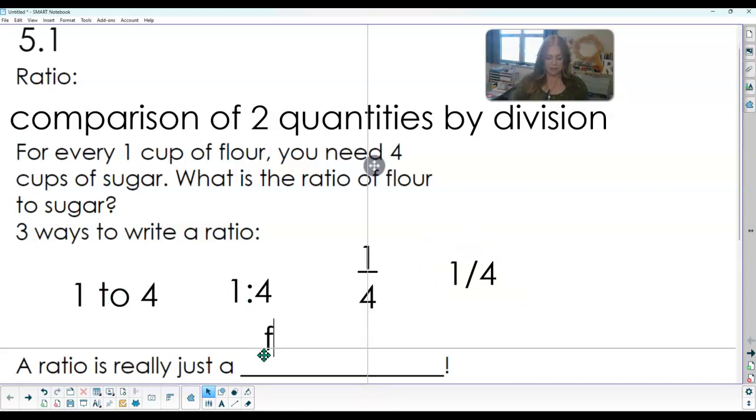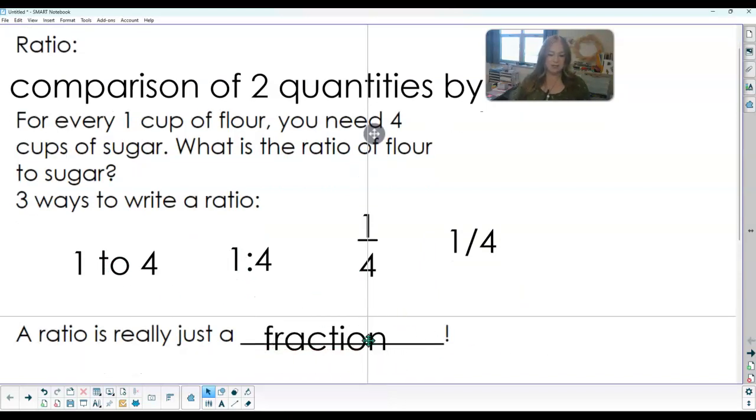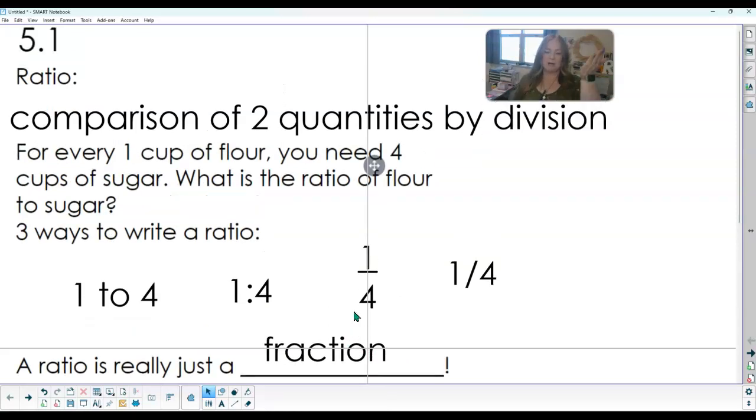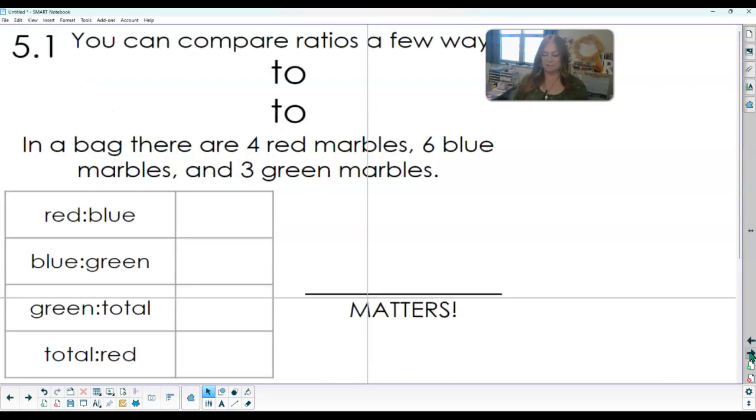So really a ratio is just a fraction. We're taking the numerator, dividing it by the denominator. I need 1 over 4. So make sure you have your definition and the 3 ways to write a ratio. And remember, a ratio is really just a fraction. This 1 to 4 is the same thing, so make sure you have all of those notes taken there.